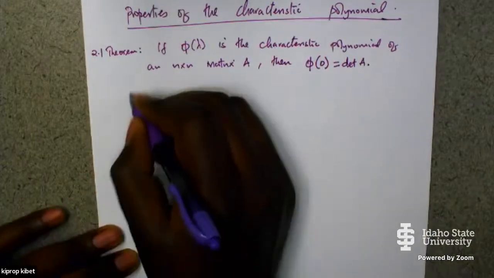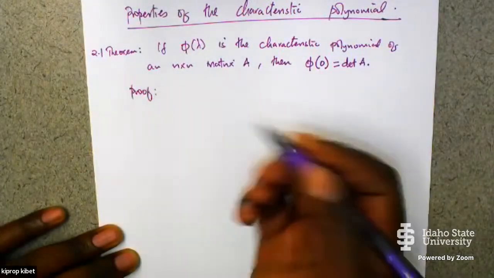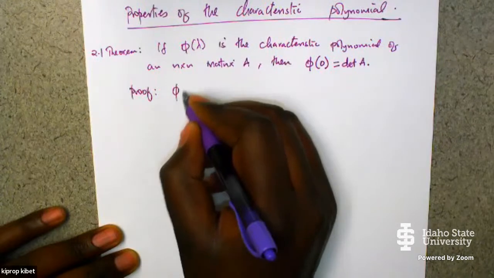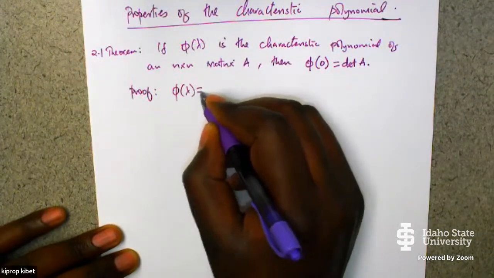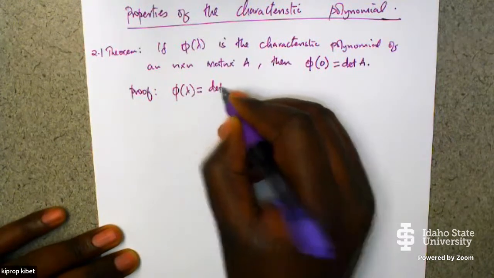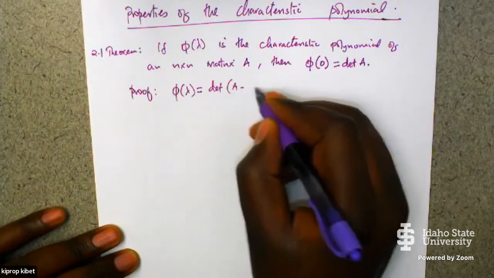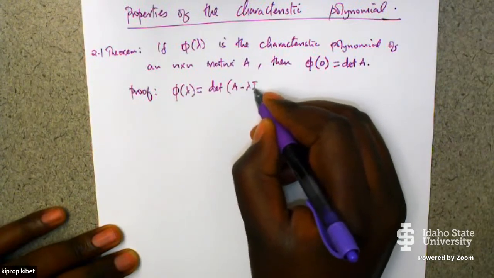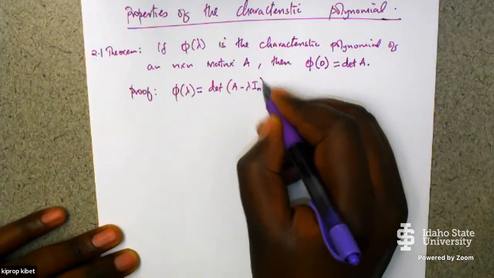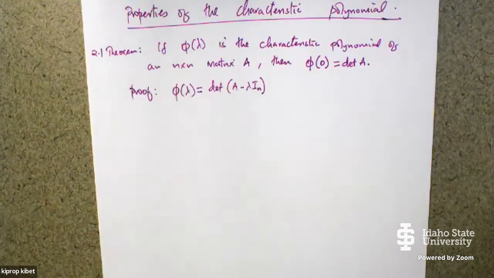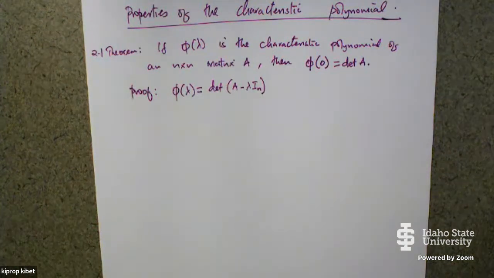So we can prove this, whereby we said phi of lambda is equal to the determinant of A minus lambda I, let's say I_n, right?